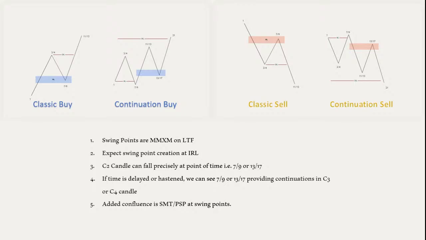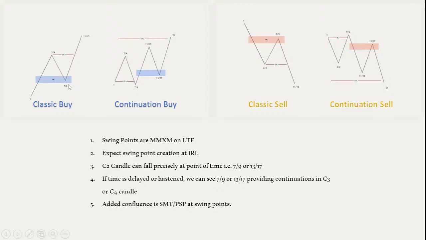So if you know about swing points, then you must know what is candle 2. From these examples, observe these 2 points when price is tapping back into the fair value gap or order block.